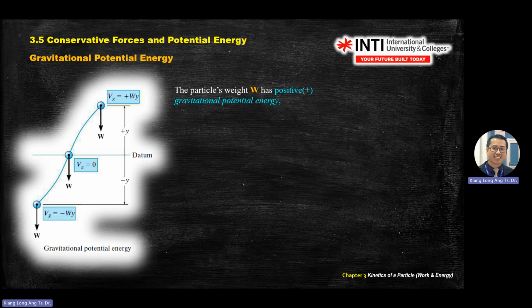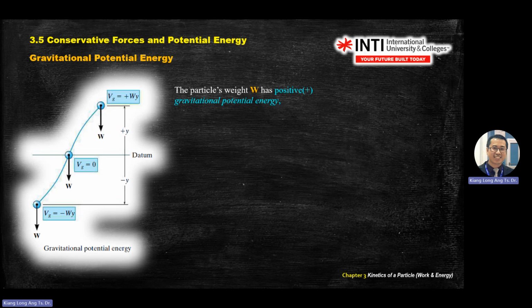Okay, so it depends on what you refer to in this case. In engineering dynamics, you're looking for the datum. You're not looking for the height from the sea level. In your STPM, your SPM, it's all from the sea level.